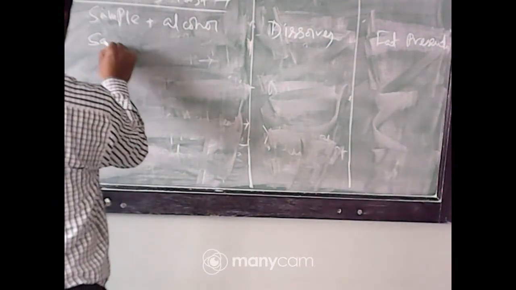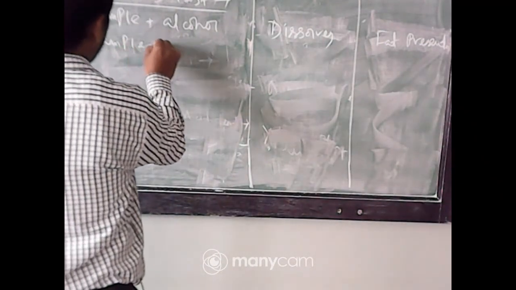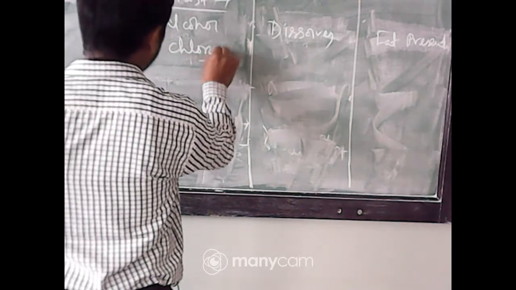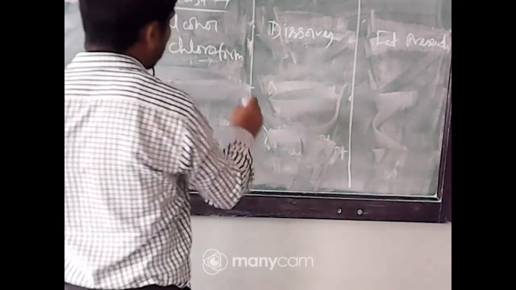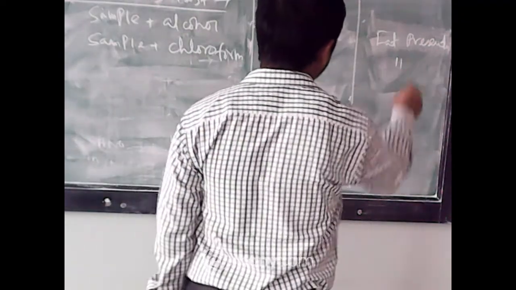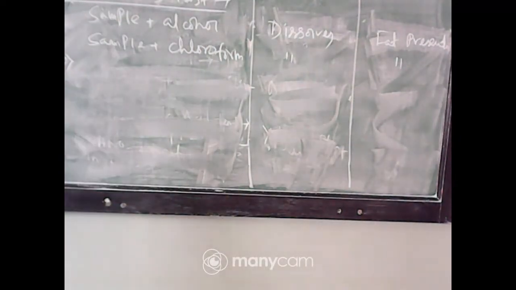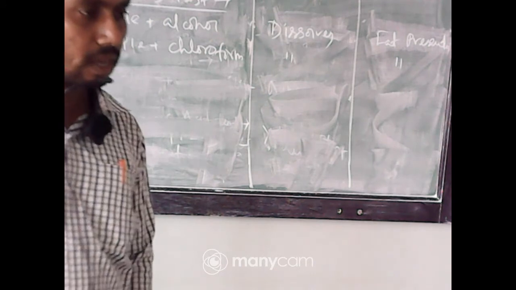Sample plus chloroform, CHCl3, dissolves, fat present. Number B is the acrolein test.